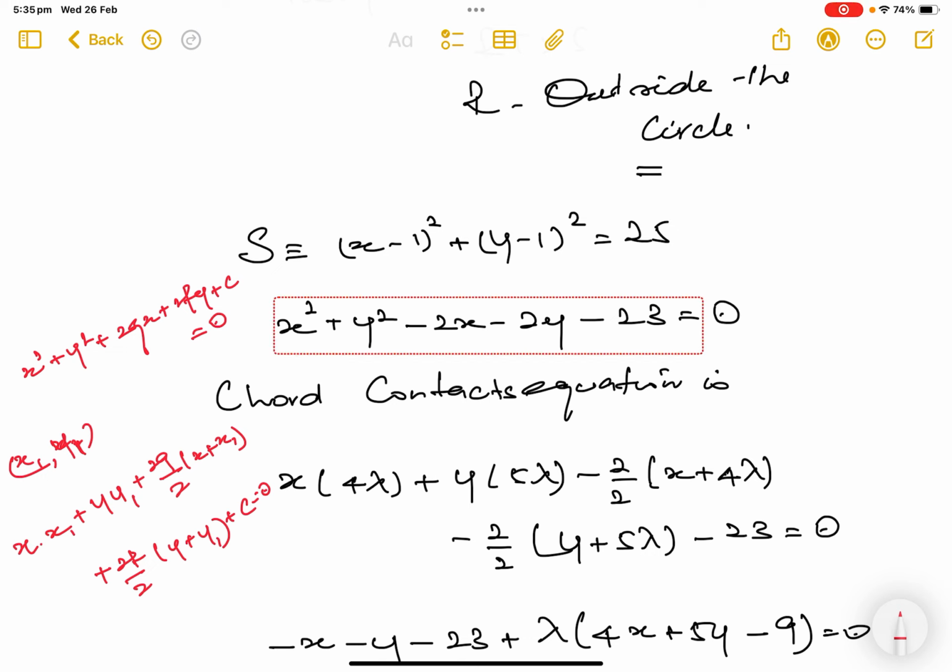That's the standard form, the chord of contact equation.